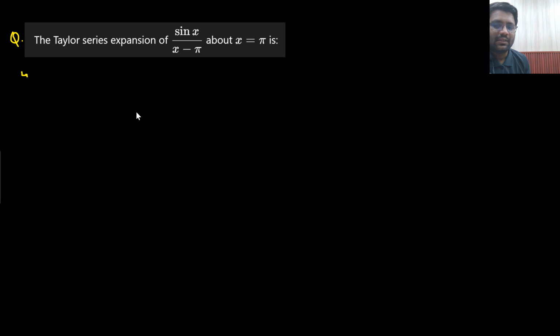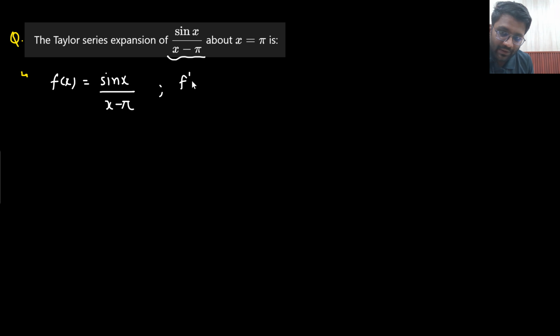Taylor series expansion of sin x divided by (x − pi) about x equals pi. This is the expansion we are supposed to find out. We thought that if this is our f(x) and we apply the formula, it will be very difficult for us, because if I differentiate f(x) = sin x upon (x − pi) to find f'(x), it is not very straightforward. Along with that, notice one more thing.